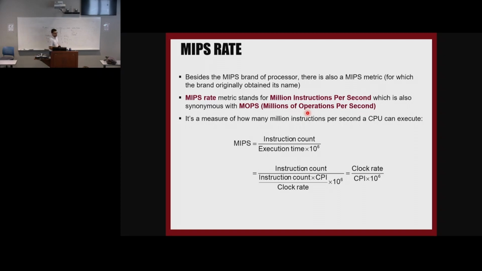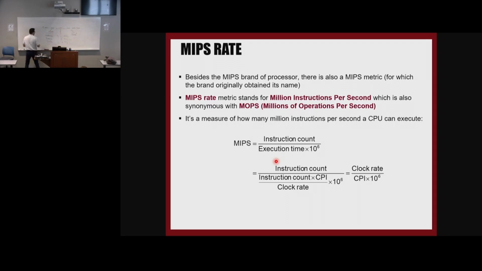And the way we calculate it is very simple. If we forget about the million part, we can have IPS, instructions per second, which is the number of instructions divided by execution time. And because we want to add this million to it, we have to divide that by 10 to the 6.